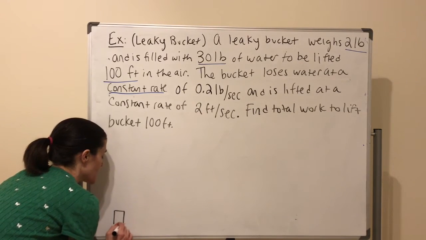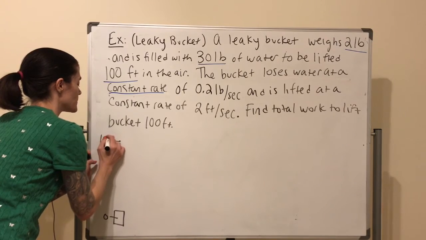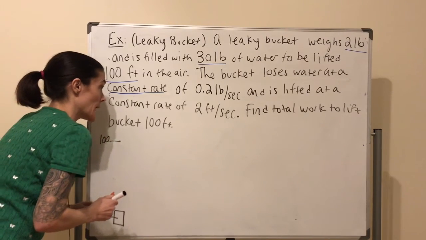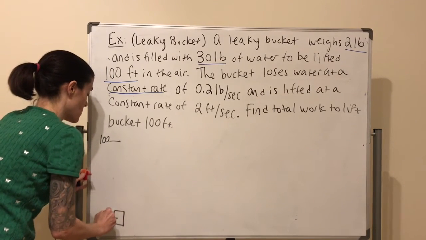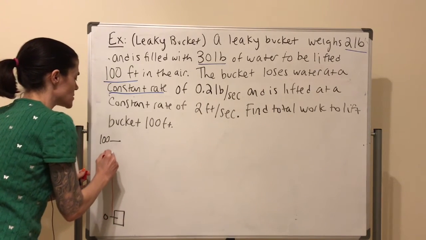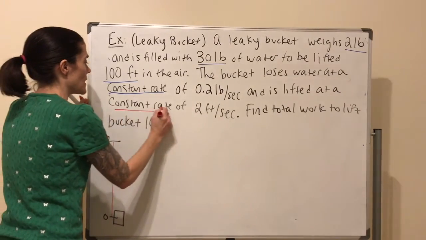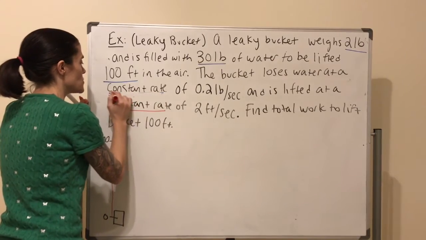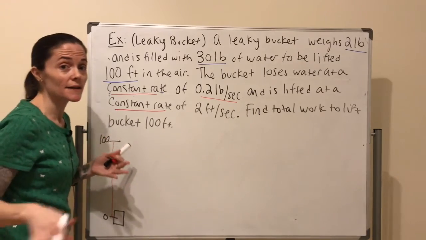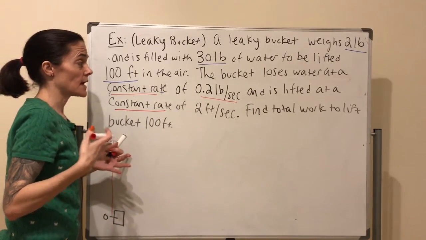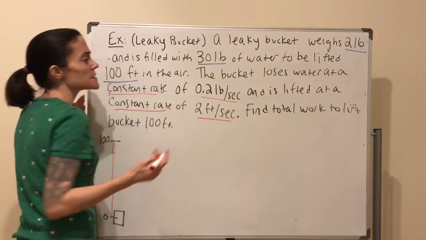I draw a bucket. It's here at 0, and I want to lift it up here to 100. What changes, I'm still trying to lift it up to 100, maybe I'll underline the new stuff, is that the rate at which you're losing water is given as a function of time, really, and the rate that you're lifting it up is given as a function of time.